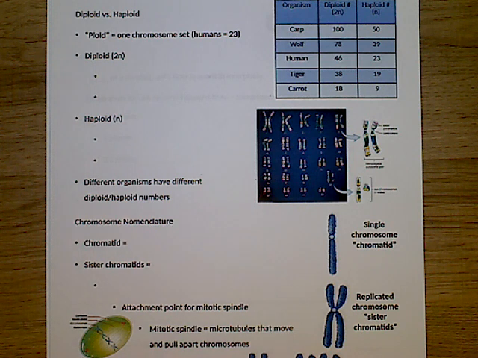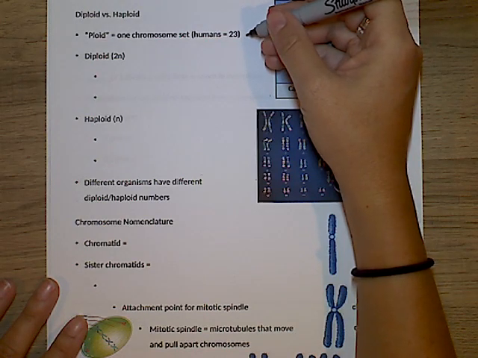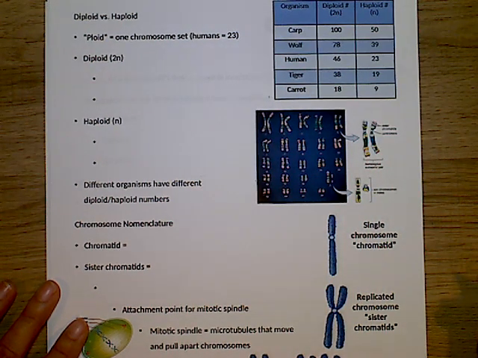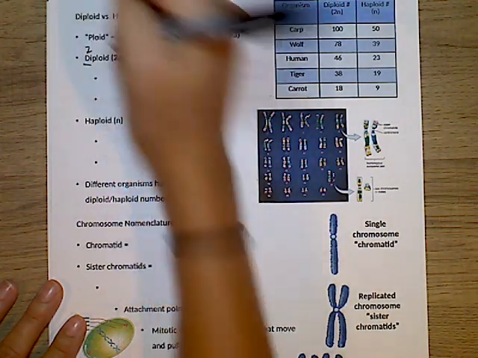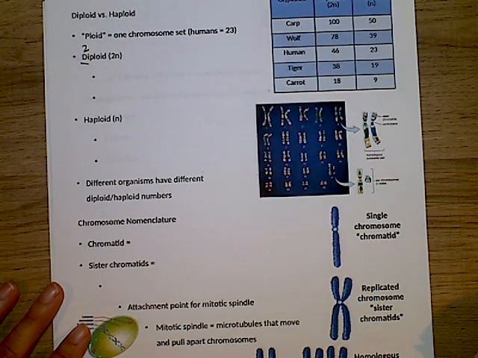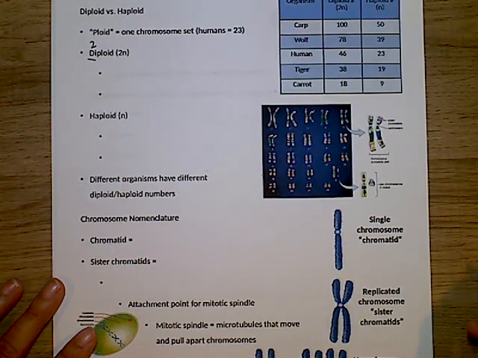On to the next page, diploid versus haploid. So think of ploid as one chromosome set. So humans have 23 sets or pairs of chromosomes. And anytime you see di, that means 2. So we call it 2N, basically 2 sets of chromosomes.